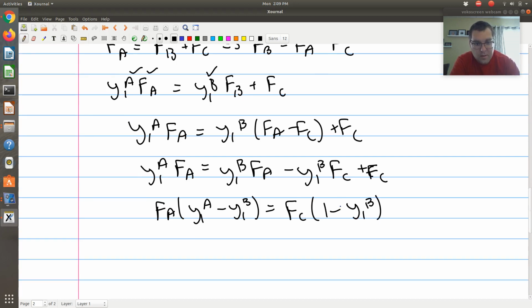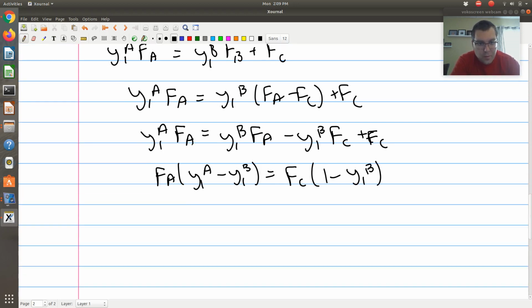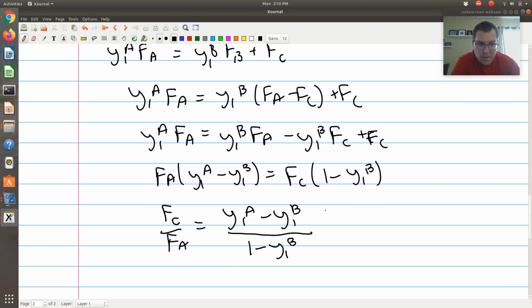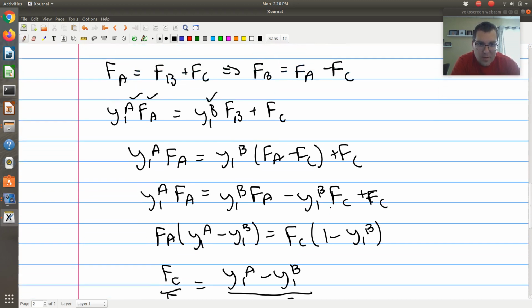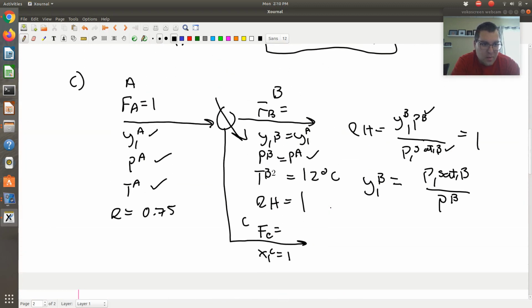Since I just want everything on a per mole basis, per mole of A, then FC over FA would be (Y1A minus Y1B) divided by (1 minus Y1B). And to be complete, what is Y1B? Y1B is just P1 sat at B over PB.